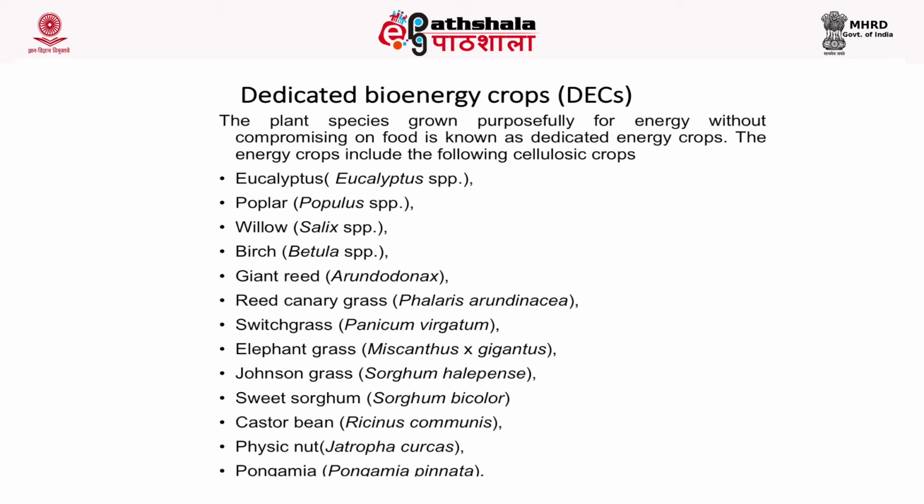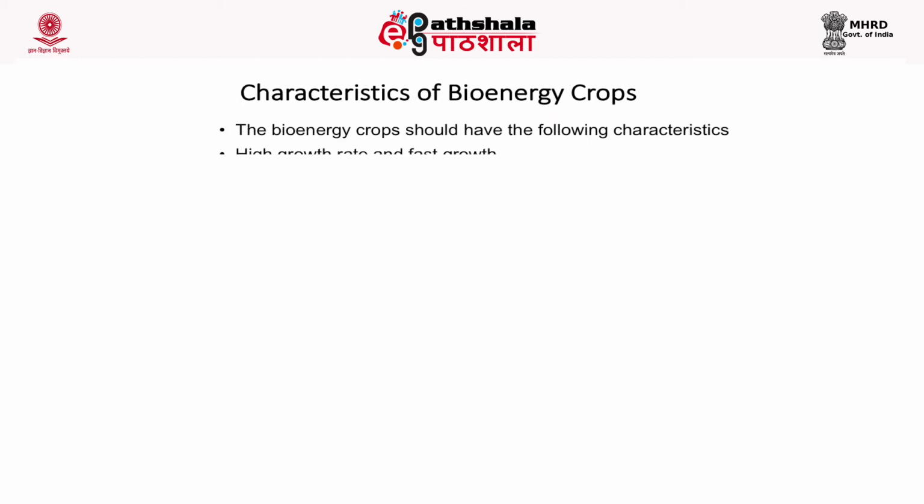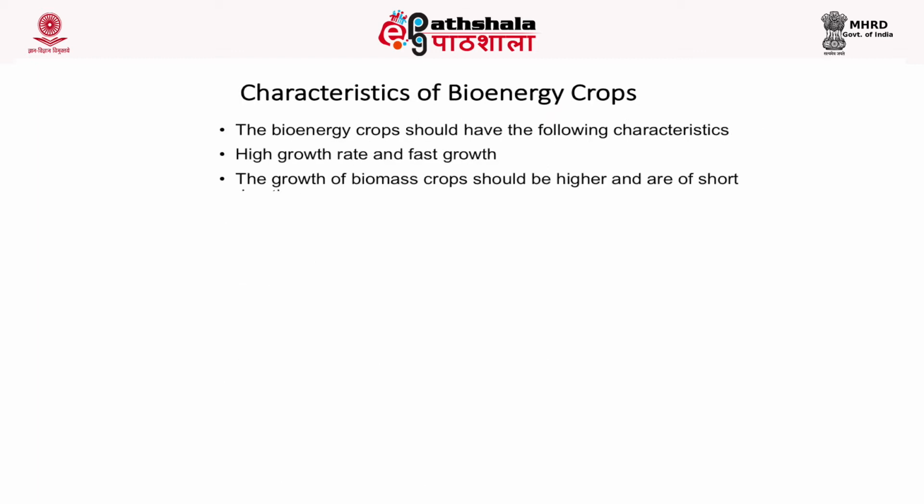They mainly include cellulosic crops like eucalyptus, poplar, willow, birch, giant reed, reed canary grass, switchgrass, elephant grass, Johnson grass, sweet sorghum, castor bean, Jatropha curcas and pongamia.